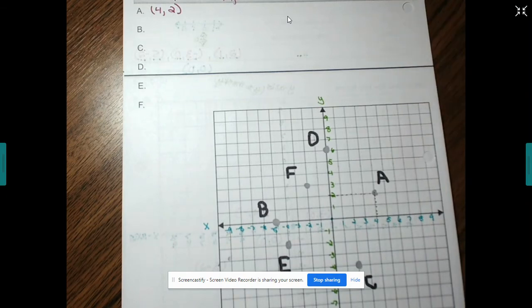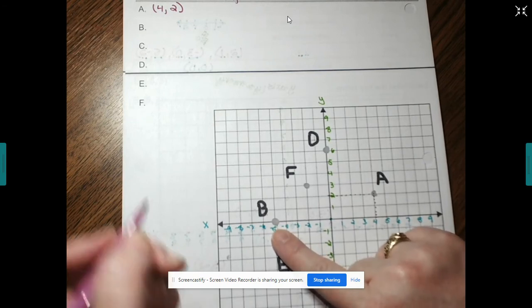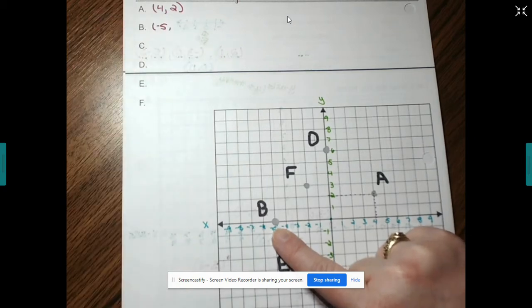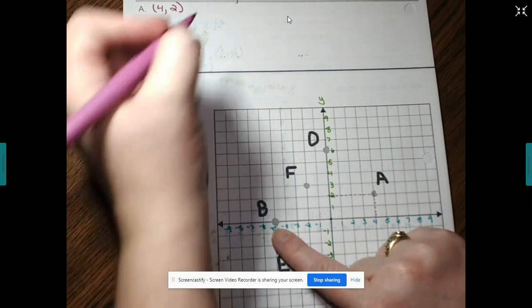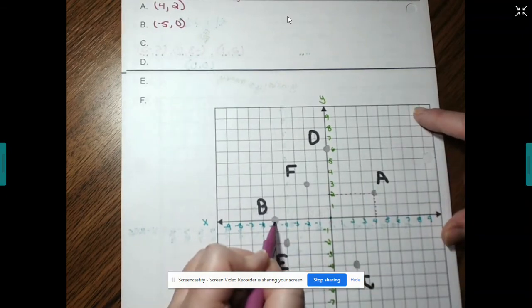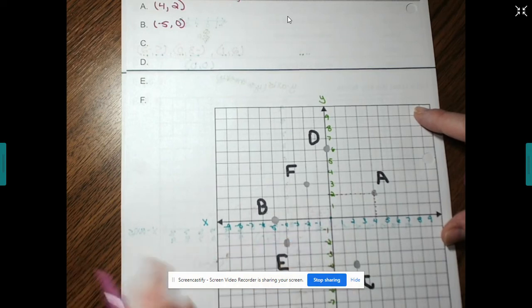Next up, let's see if we can find our B. B, our x-axis is -5, but then our y-axis is 0, right? Because it's at our -5 on our x-axis, but then if we go over to our y-axis, we're at 0.